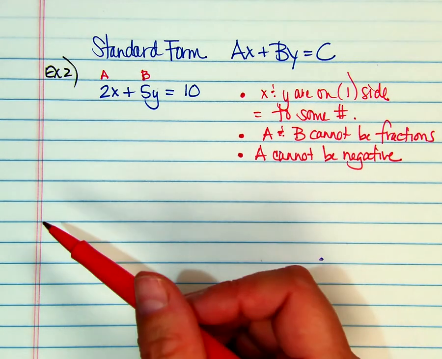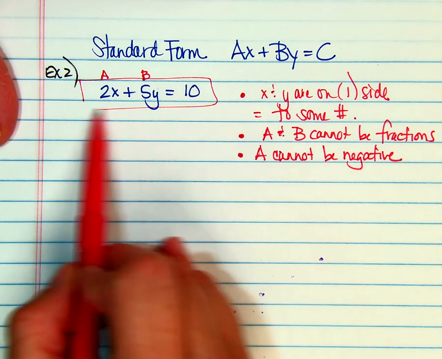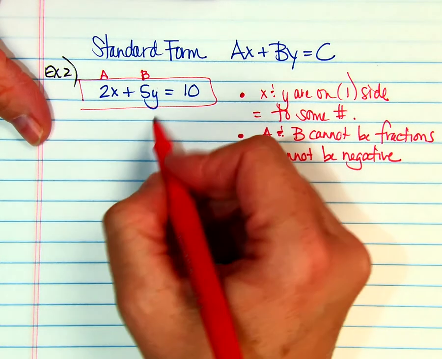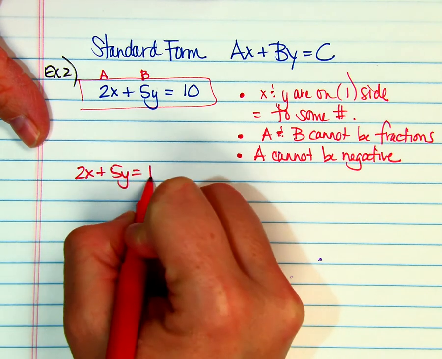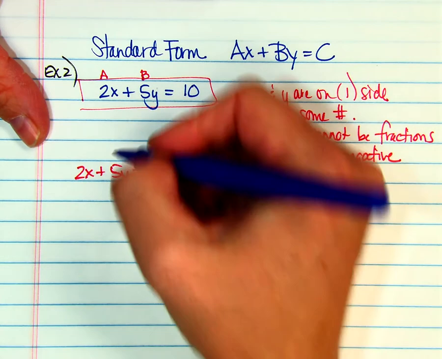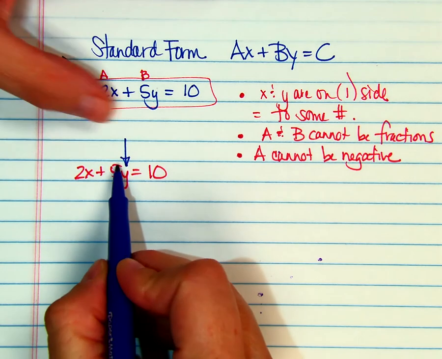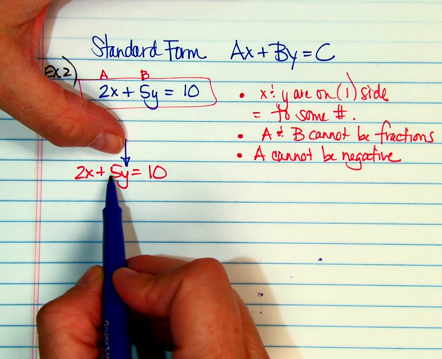The way that this relates to slope-intercept form is we need to be able to turn this into y equals mx plus b. That means we are going to solve for y. So this is the good guy, 5 is the friend.